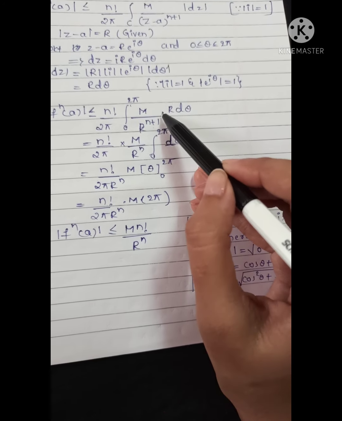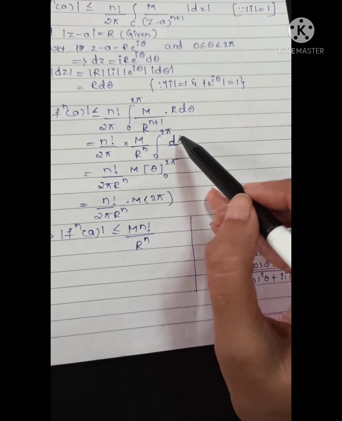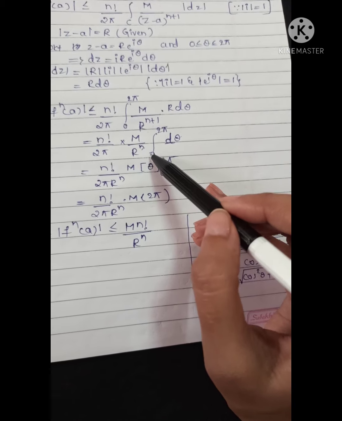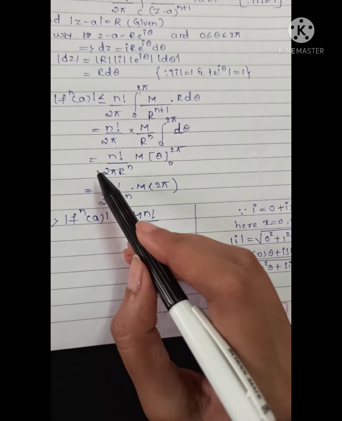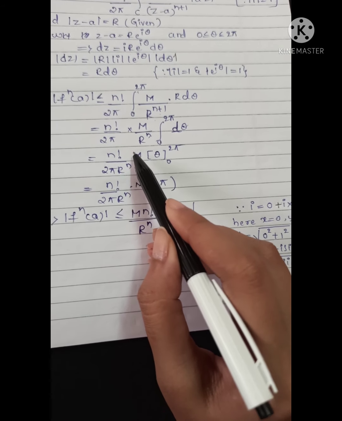Therefore r will get cancelled, we get simply r to the power of n into the integration of d theta over the limits 0 to 2 pi, which is equal to n factorial divided by 2 pi into r to the power n into M.